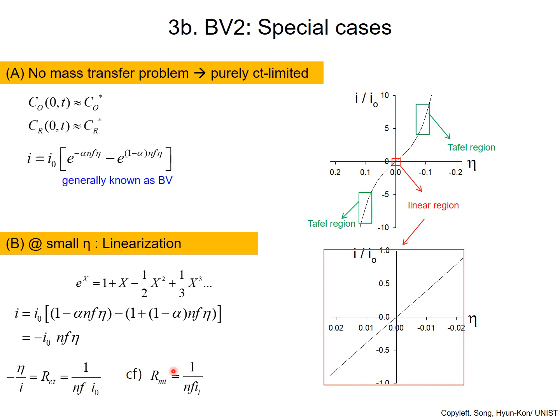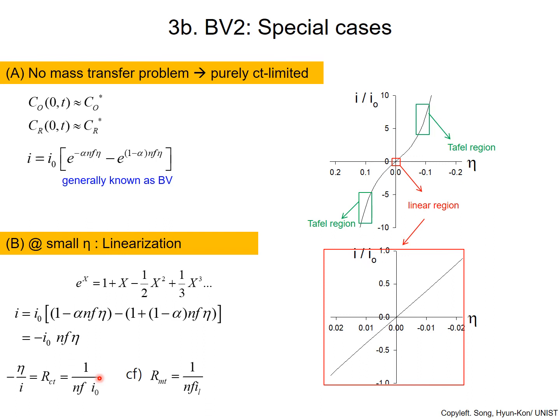That is to say, from the slope of the current-potential curve, we could calculate the resistance of charge transfer. And then from this value, we could calculate the product of the exchange current with the number of electrons transferred. If we know the number of electrons transferred, then finally we could get the exchange current.